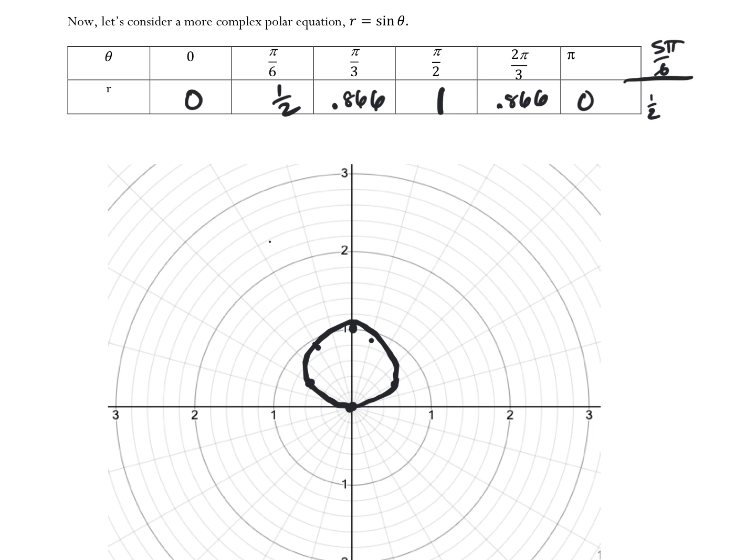Everybody feeling okay? How would this graph change if we did cosine theta instead? Let's think it through. If this were cosine theta, when would it equal 1, right? What would that graph look like?